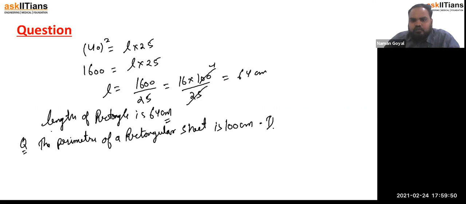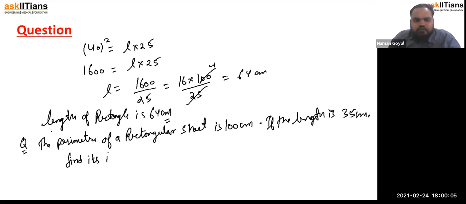If the length is 35 centimeter, find its breadth, and also find the area.